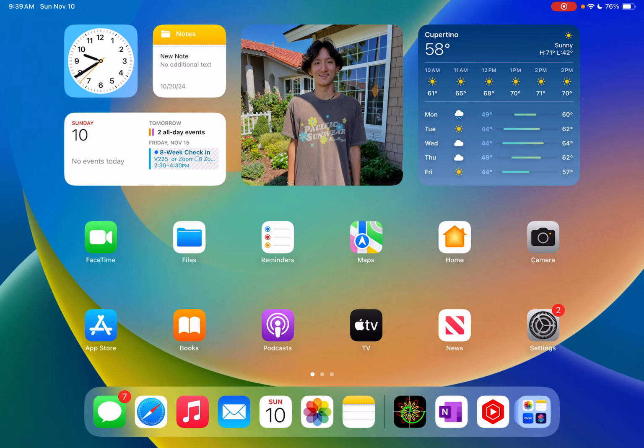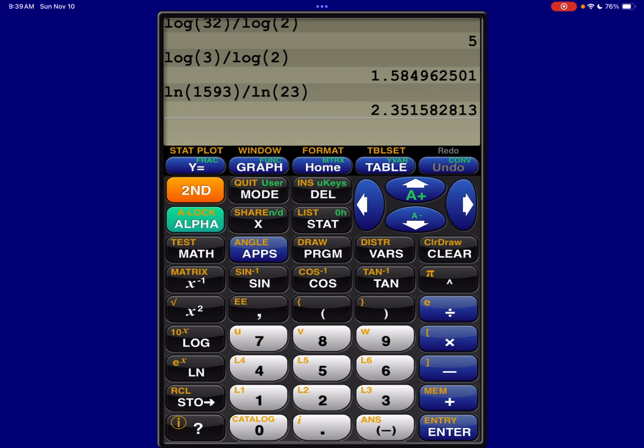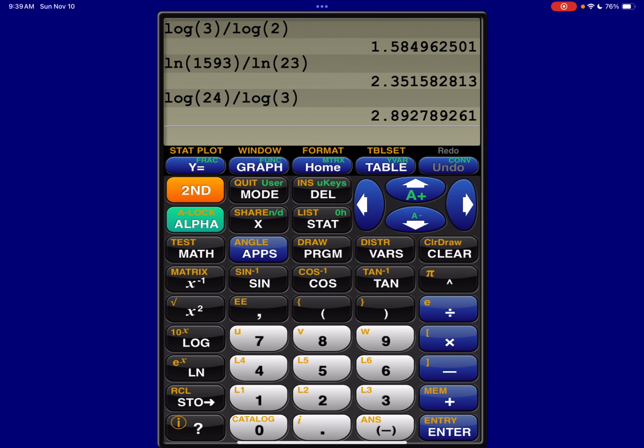So if I'm taking the calculator, it doesn't really matter which button you choose, either the LOG button or the LN button, but you better use the same one twice. So as you see, it's 2.89, so on and so on.